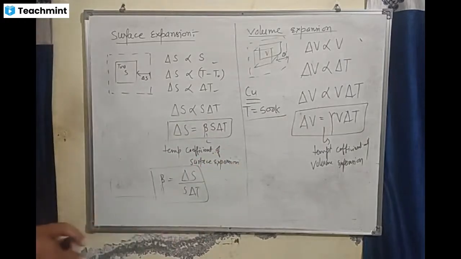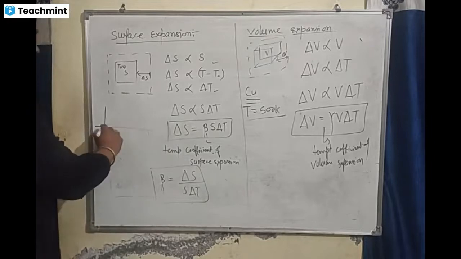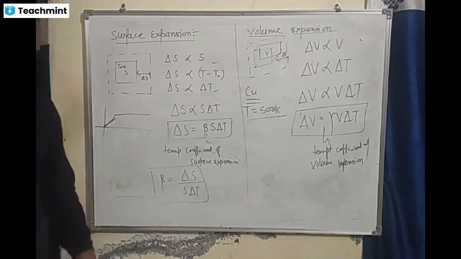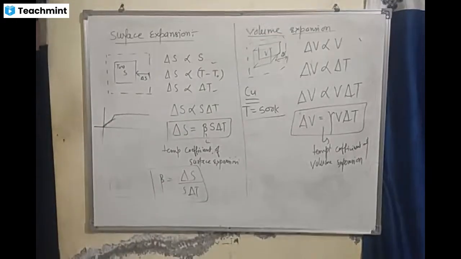Means if you draw the graph, initially it will change, but then it will become constant. This you also need to know. This is only for the case of volume expansion.